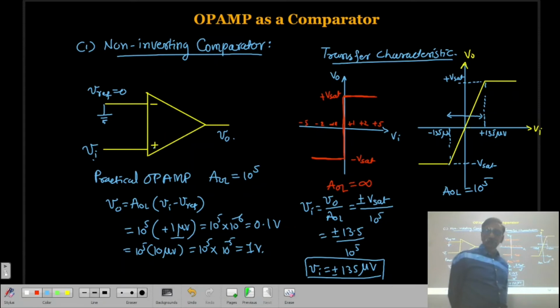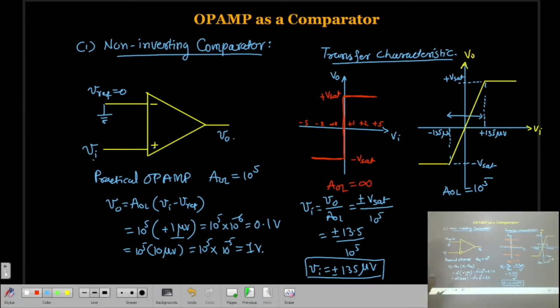I think so. Now it is clear that for saturation, we require some minimum voltage. Otherwise, the behavior of the op-amp will be a linear one. Correct? Now, we see an example of what the output voltage will be if I apply a sine wave at the input of the operational amplifier.